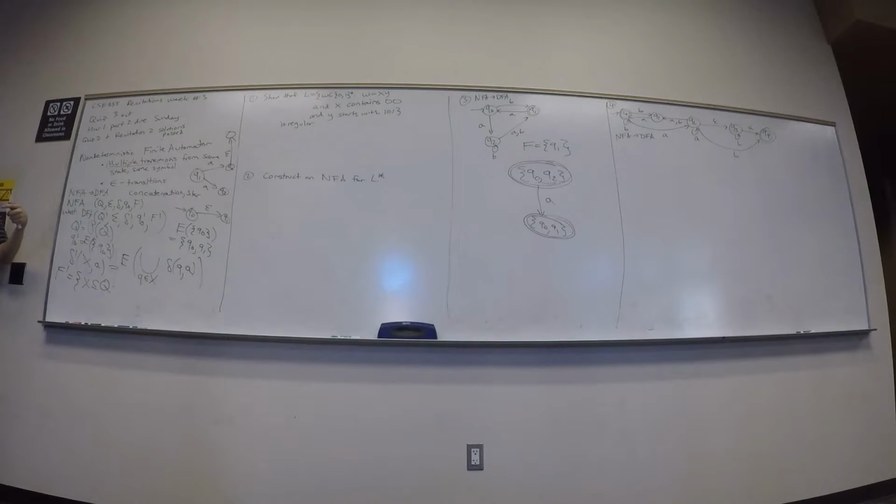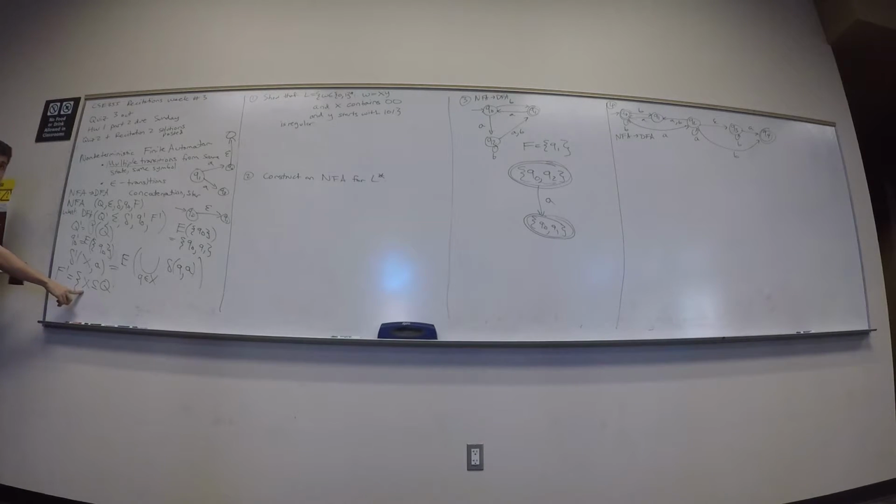Is there anything not clear about this? Yeah. So when X is a subset of Q, that's the Q of the NFA, why wouldn't it be a subset of the power set of Q?